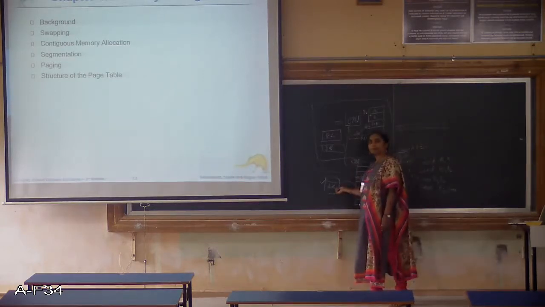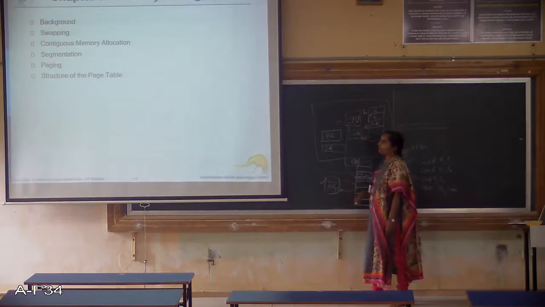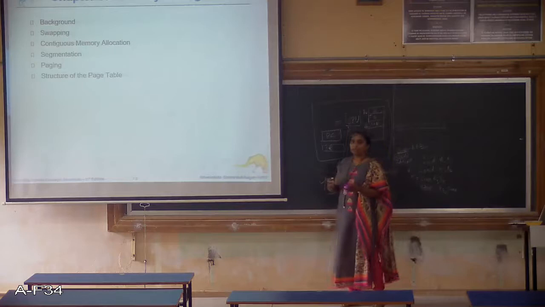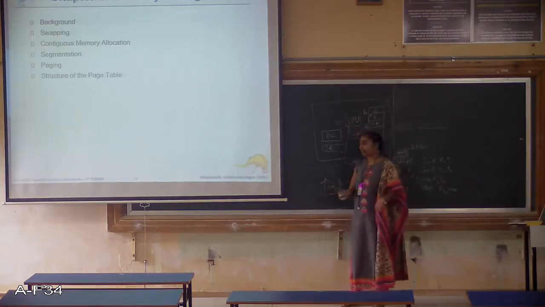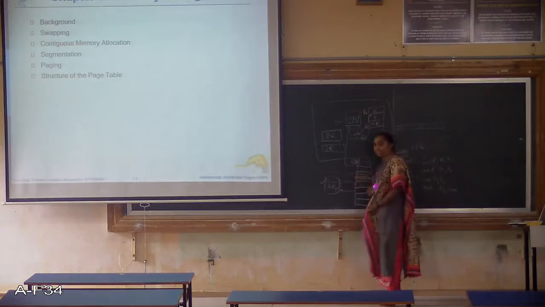Then we will remove that program, put it into the virtual memory, and bring in the program that is of a higher priority or is urgent. That is executed first. Until then, this process will be kept in the RAM. So that is what paging is. We keep pages in the RAM and virtual memory, and get them as and when we require those pages.